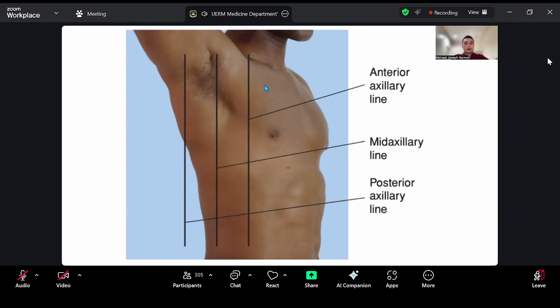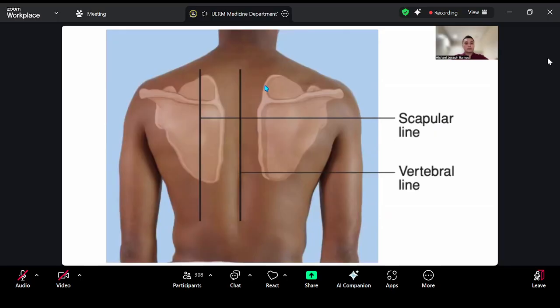Laterally, we see again the anterior axillary line with your mid-axillary line, which drops from the apex of the axilla, and your posterior axillary line, which drops from the posterior axillary fold. Posteriorly, we have your vertebral line, or the so-called spinous line, and the scapular line, which drops along the inferior angle of your scapula.